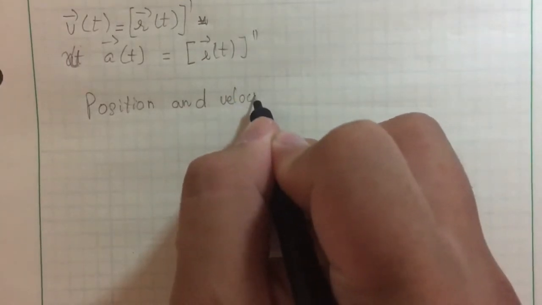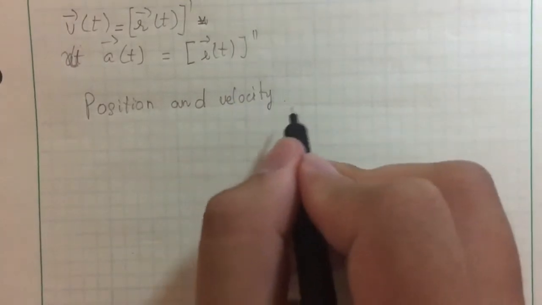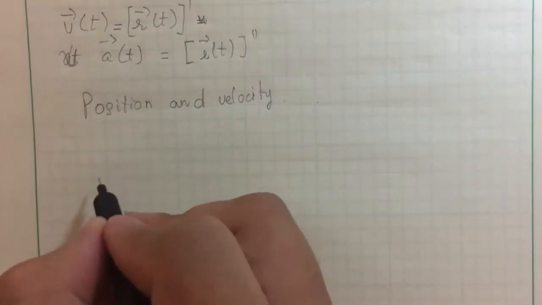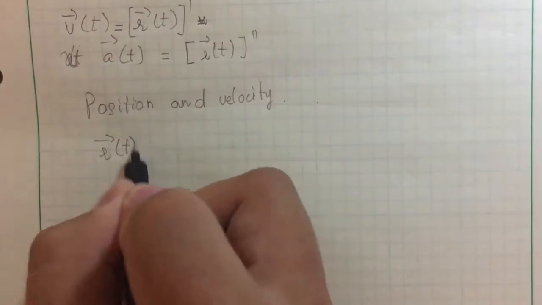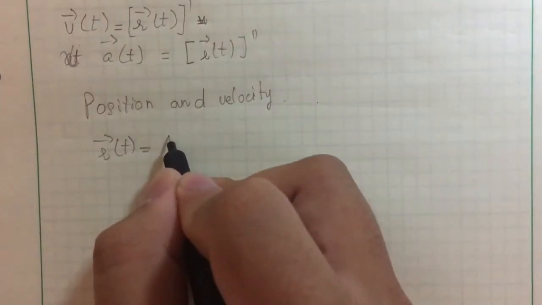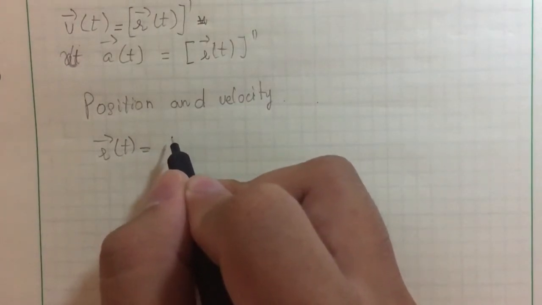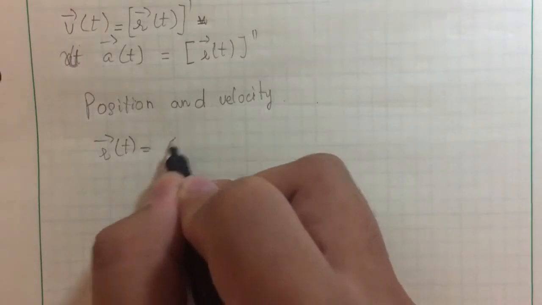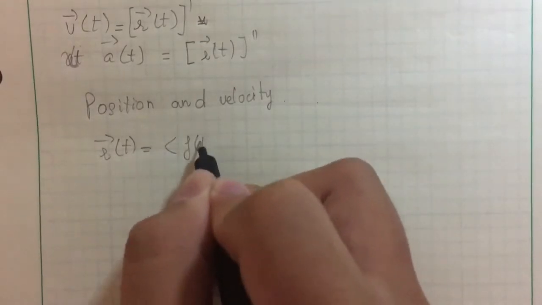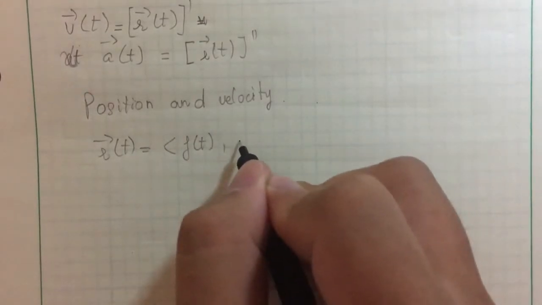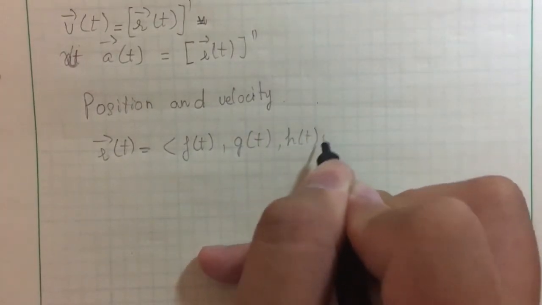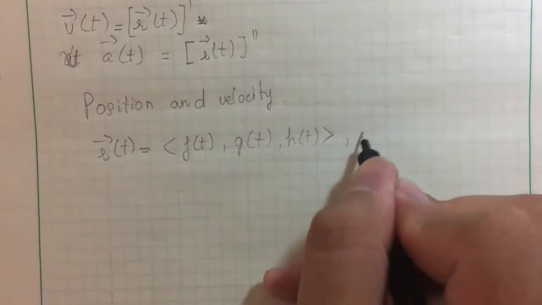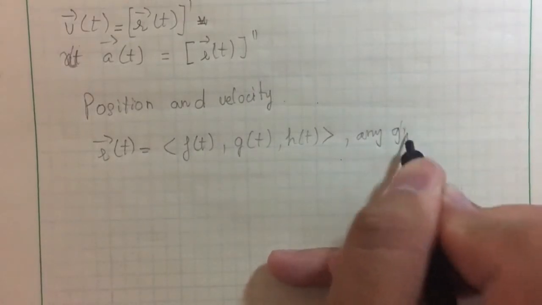These are the first two things we need to know. And r of t is defined as the position of the particle at any given time.